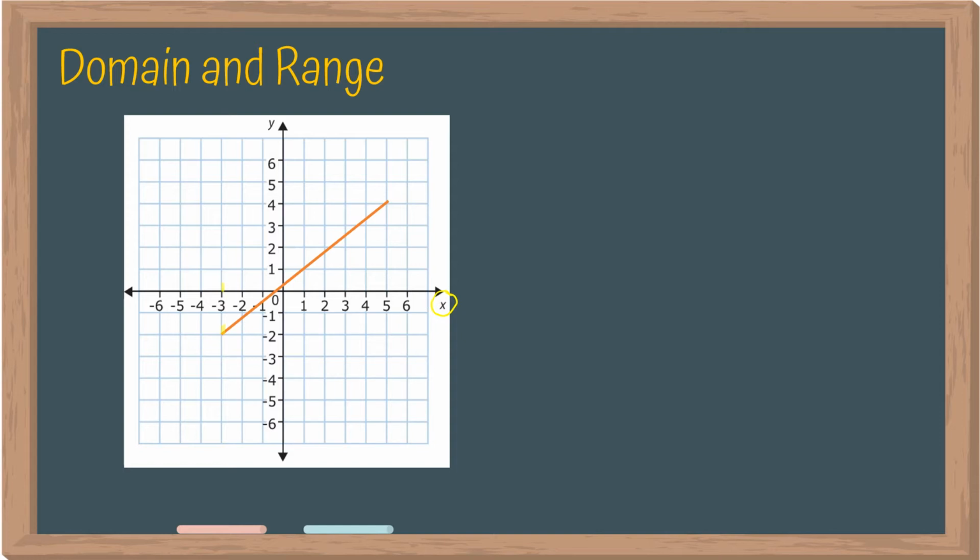That will be from negative 3 going to positive 5. Okay? So how are we going to write the domain? For our domain, we can say x such that x is greater than or equal to negative 3 but less than or equal to positive 5.